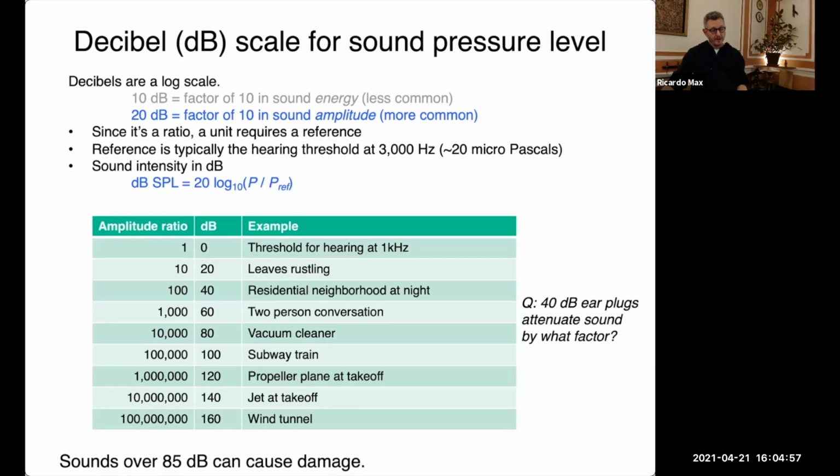So if you increase a given sound, its amplitude, its strength by 100 times, you are increasing 40 decibels. Is it clear? Can you see it? Yes, no. My room is too dark. Is anyone not following it?